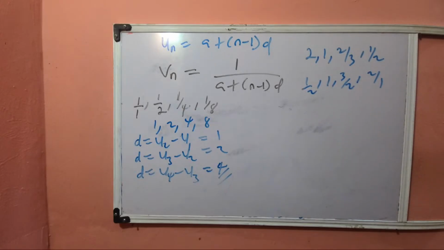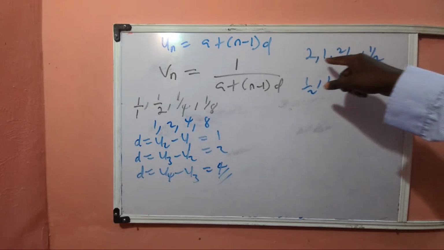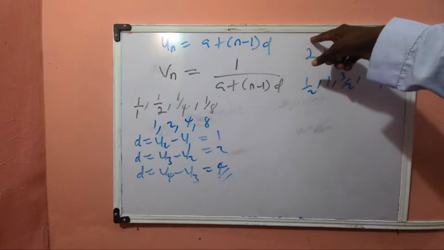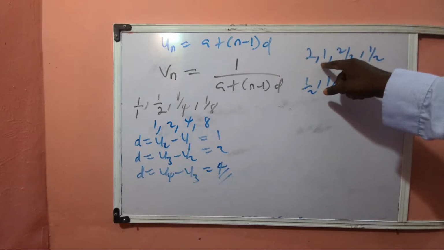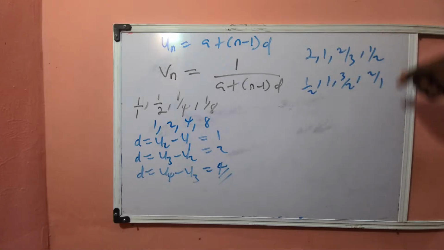From the definition, a harmonic sequence is a sequence in which the reciprocal will give you an arithmetic progression. If you're asking how I got these values, I just took the reciprocal of all these values. The reciprocal of 2 is 1 over 2. The reciprocal of 1 is 1 over 1. The reciprocal of 2 over 3 is 3 over 2. The reciprocal of 1 over 2 is 2 over 1.